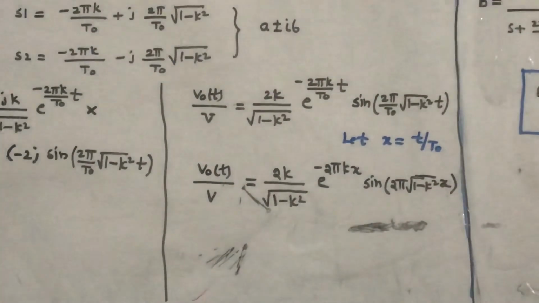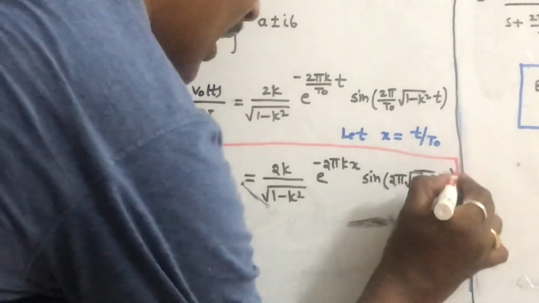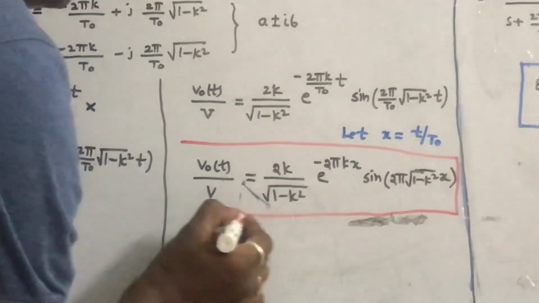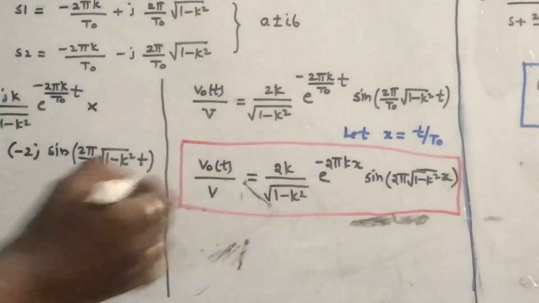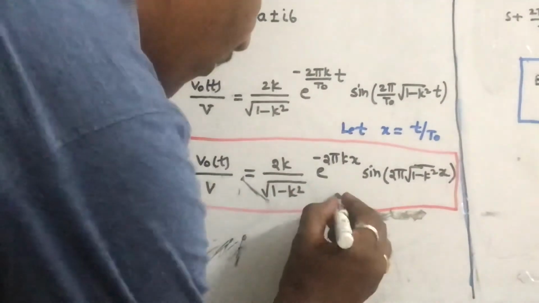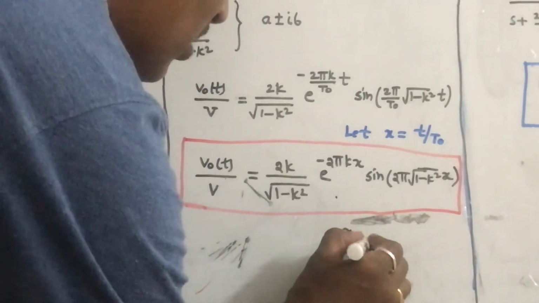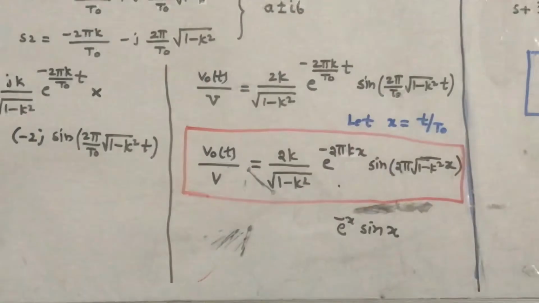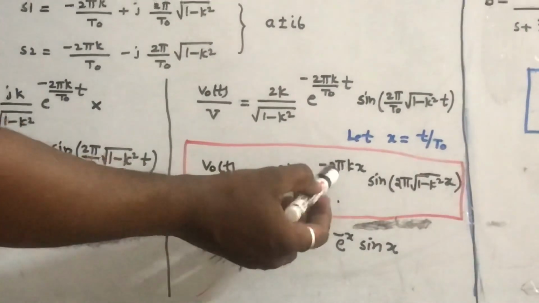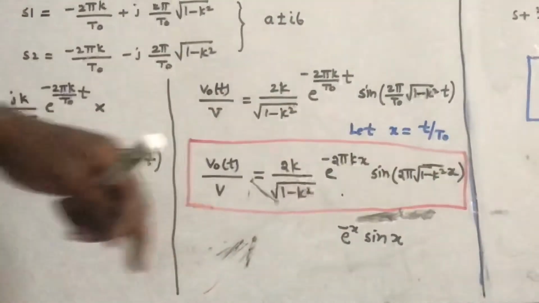So this is what you have to derive in the examination for the underdamped case. You can clearly see from simple mathematics that this is in the format of e power minus x into sin x, that is the very very important term you have to observe, where x is equal to t by t naught.